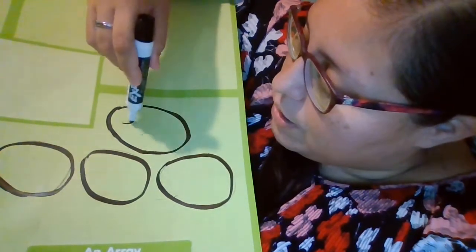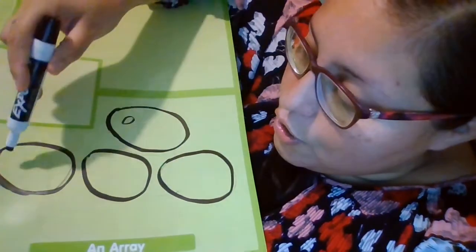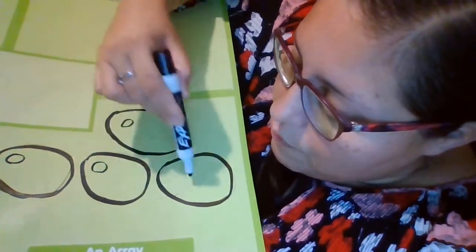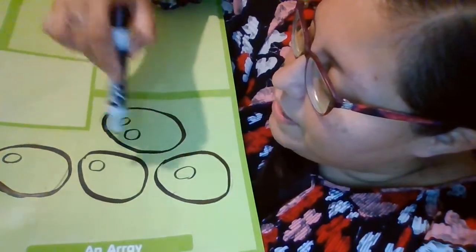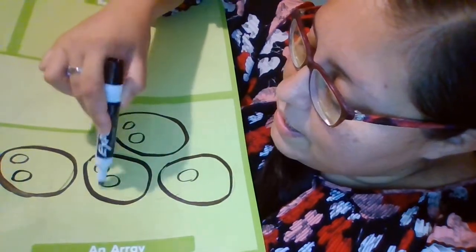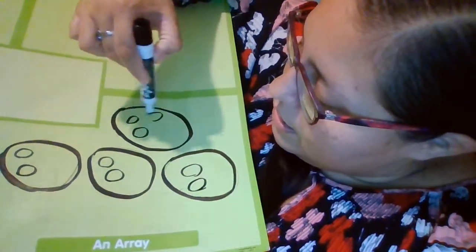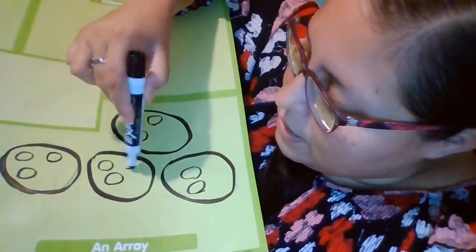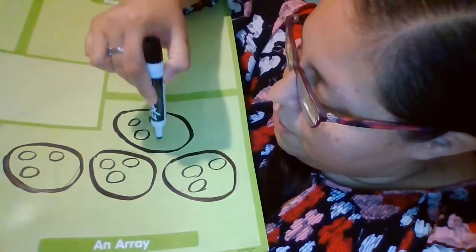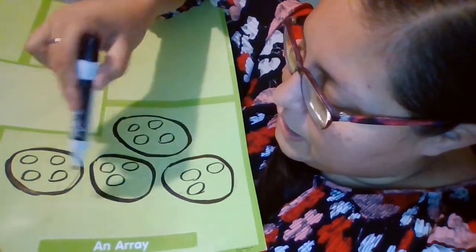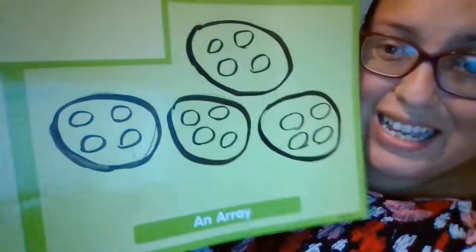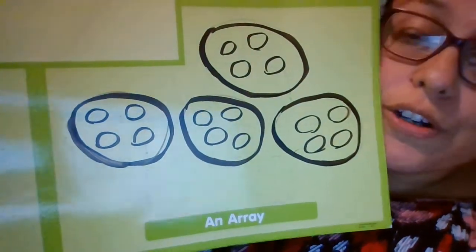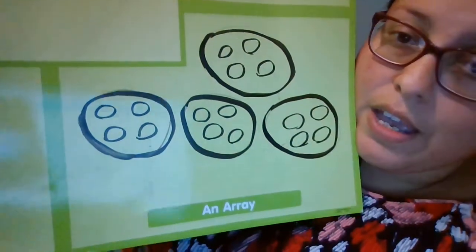We're going to draw 1, 2, 3, 4. Until we get to 16. 5, 6, 7, 8, 9, 10, 11, 12, 13, 14, 15, 16. 16 circles or 16 flowers.